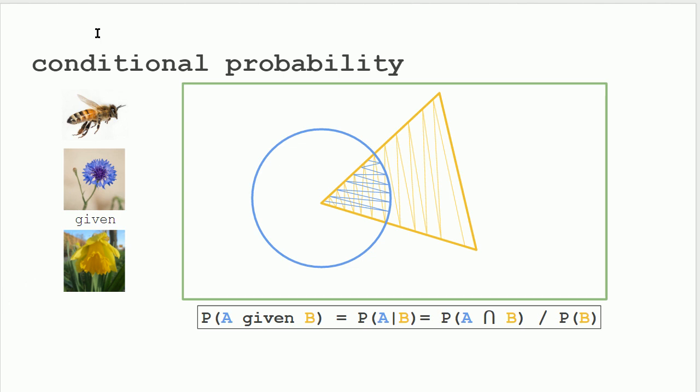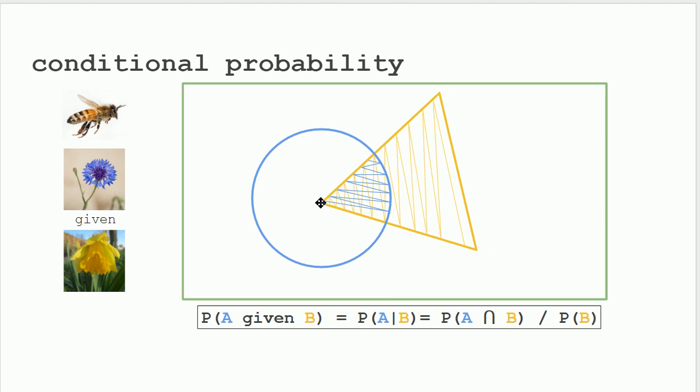So now let's go on to conditional probability, now that we know about the joint probability. The terminology for conditional probability is A given B. So the probability of A, encountering a blue flower, given B, encountering a yellow flower, is equal to the intersection, which is this area right here, the intersection of these two events with respect to just encountering the yellow flower by itself.